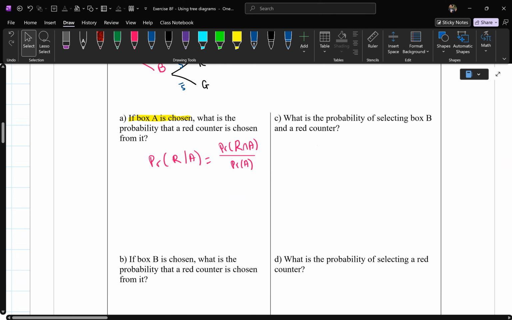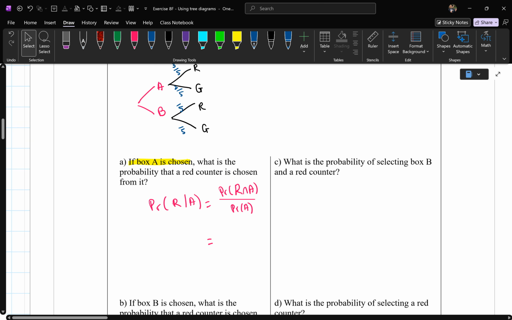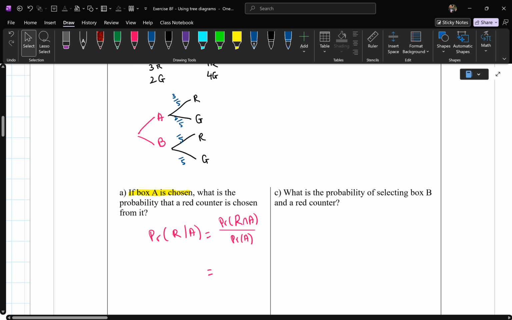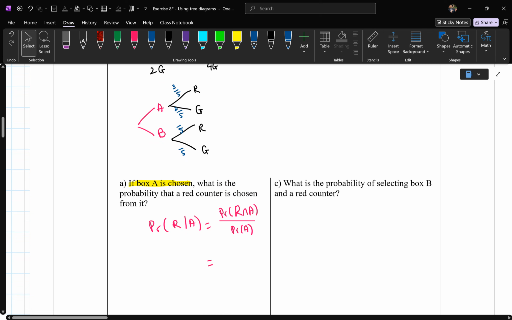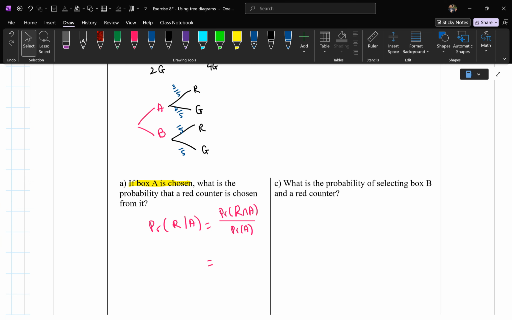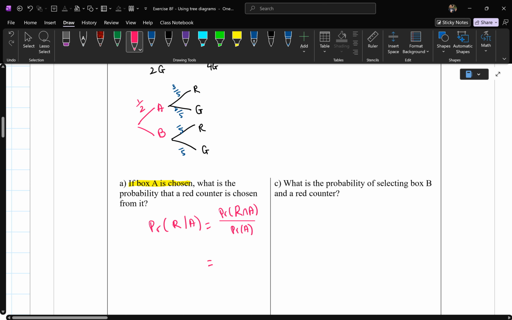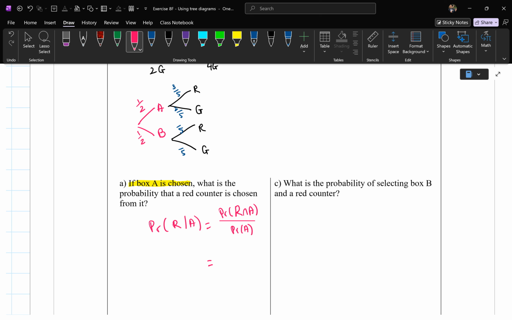Now in this particular scenario, what's the chance of R and A occurring? Well, what's the chance of picking box A? Logically, 1 out of 2, because there are only 2 boxes, and they never said whether you're more likely to get A or B, so we're assuming equal chances of picking A or B. So it's 1 out of 2. If we put it together, the probability of R intersection A is only this branch.